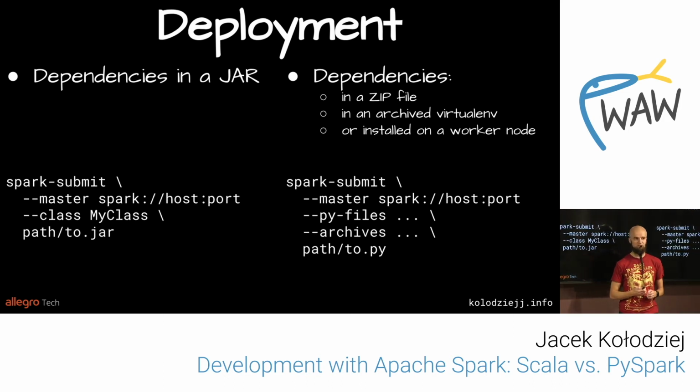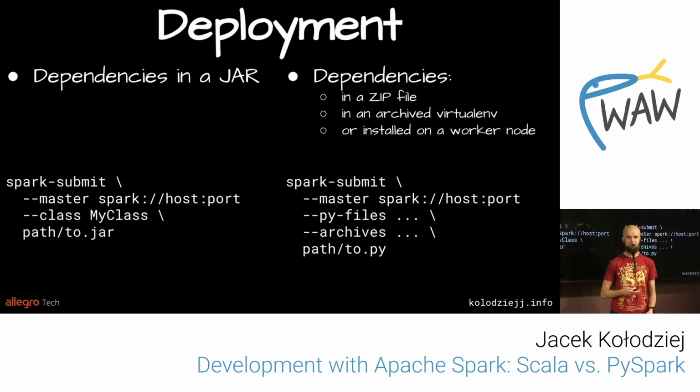But then we are using the already mentioned Spark Submit. We use it in production too. We point it at the cluster itself, and in Scala we need to pass it the class to run, and the path to the jar file, and Spark will know what to do with it. It will run my class.